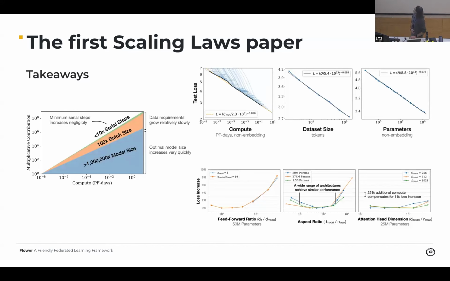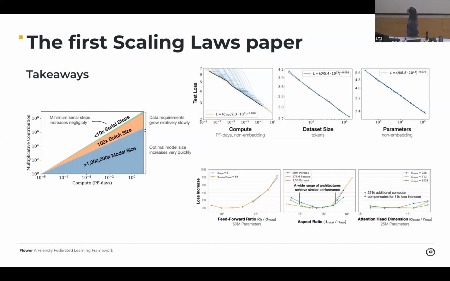These are some plots that are basically describing what I was mentioning. On the left-hand side, we have this pictorial description of what we should scale when we have more compute. And this is pretty clear with colors and sizes that we should care about the model size instead of data.